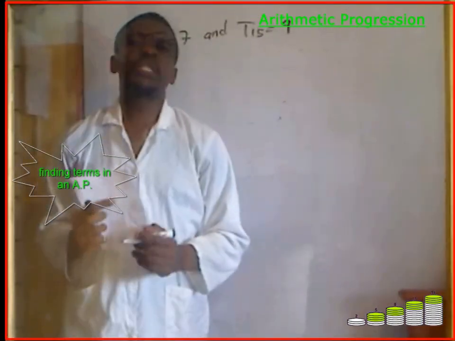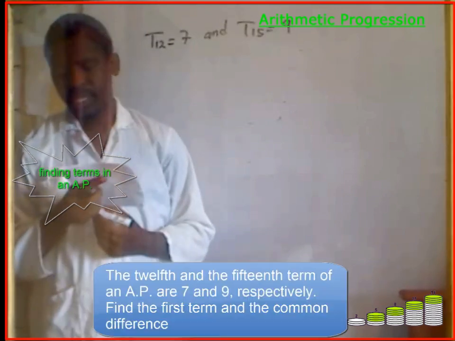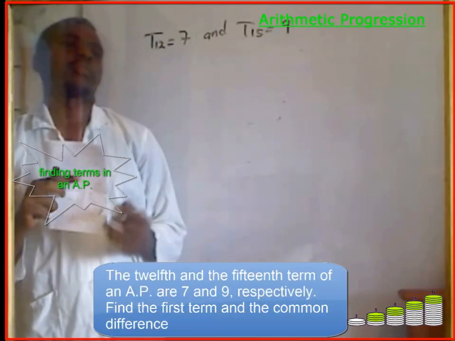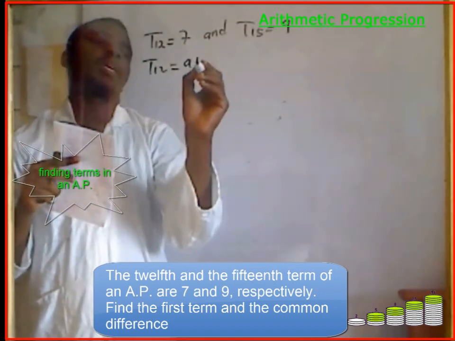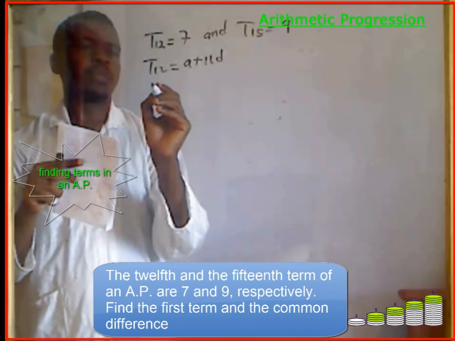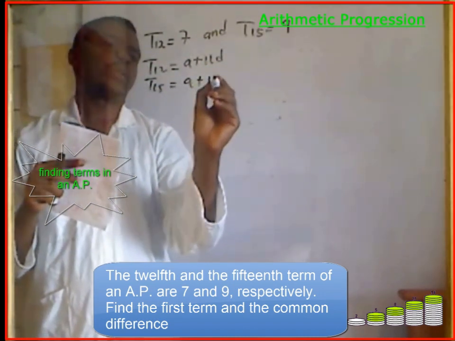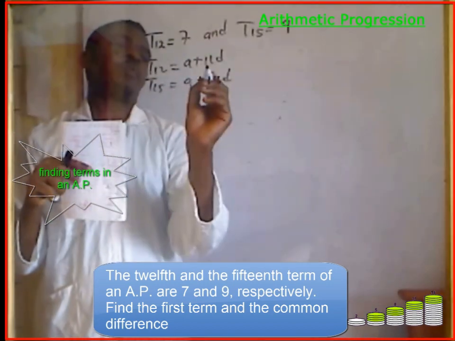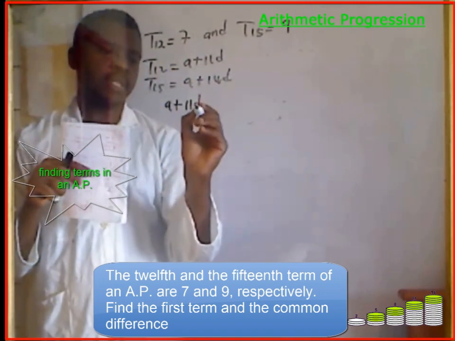Given that T12 is equal to 7 and T15 is equal to 9, find the values of A and D. I know that T12 is equal to A plus 11D and T15 is equal to A plus 14D. So A plus 11D is equal to 7.